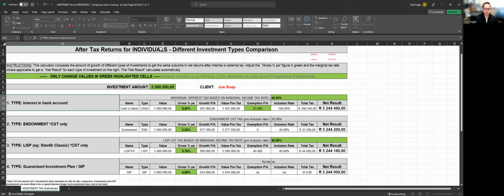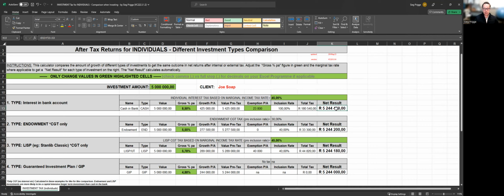What we're going to do is look at a 5 million Rand investment for client Joe Soap. And on the right-hand side, look here at net result. We want to achieve a similar as possible result here. By reverse engineering, we can see what kind of return we require to get to that similar result.